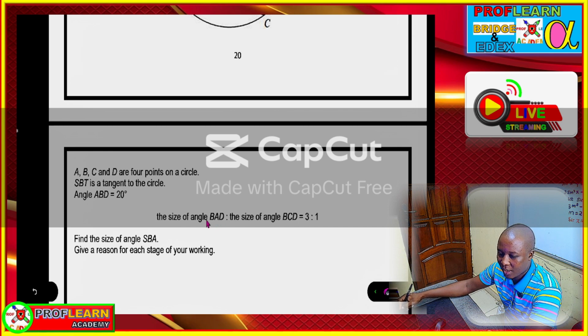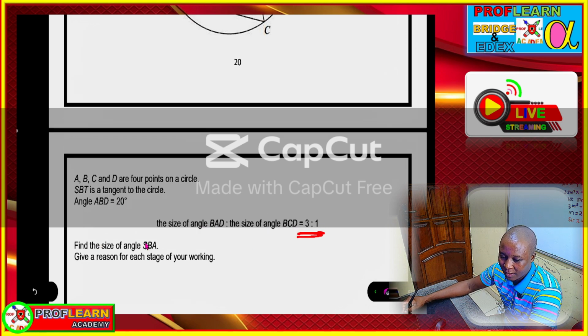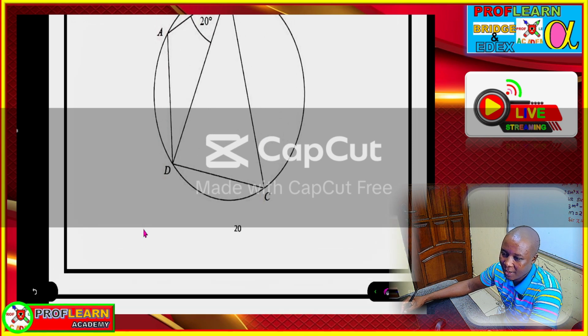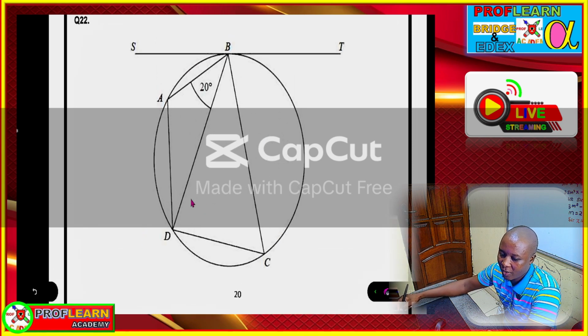The size of angle BAD and the size of angle BCD is 3:1. Find the size of angle SBA. SBA. We're supposed to find angle SBA. We are finding this angle here.